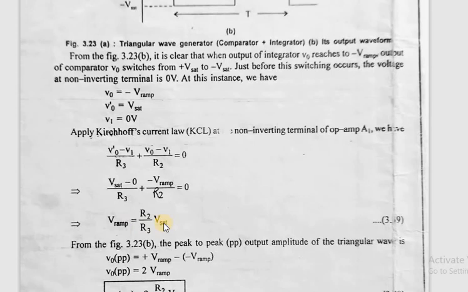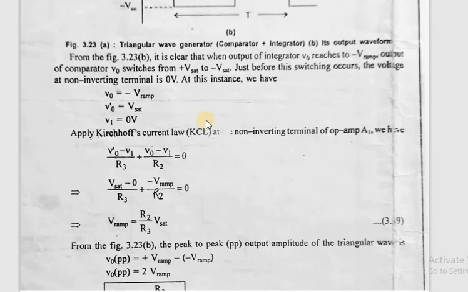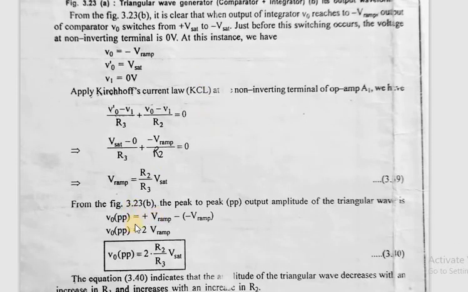Now from the above waveform, we'll calculate V peak to peak. We can see it rises from here till here. So the peak to peak voltage can be written as plus V ramp minus minus V ramp, so it is 2 V ramp.